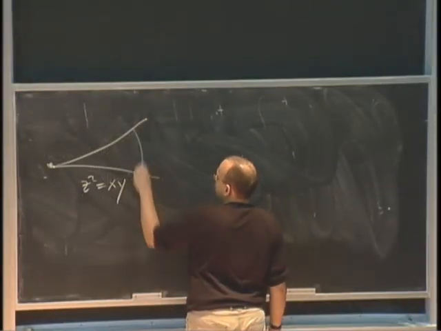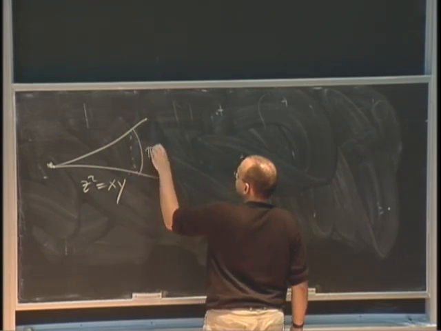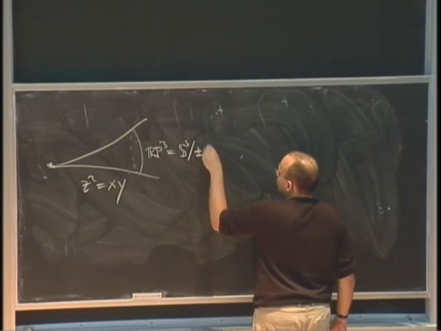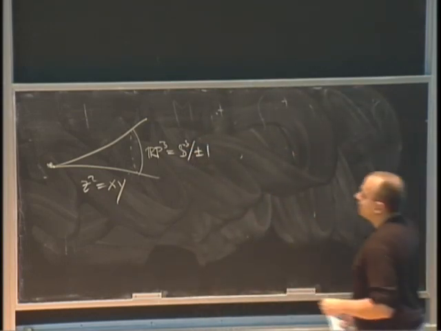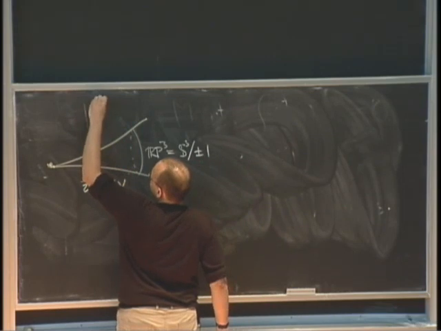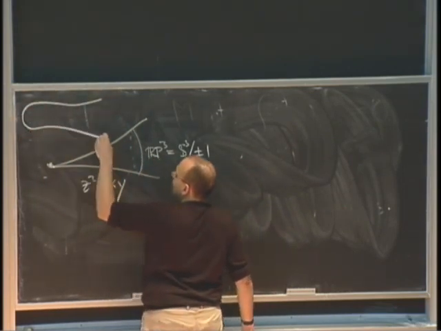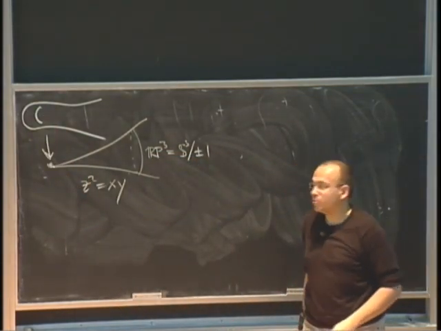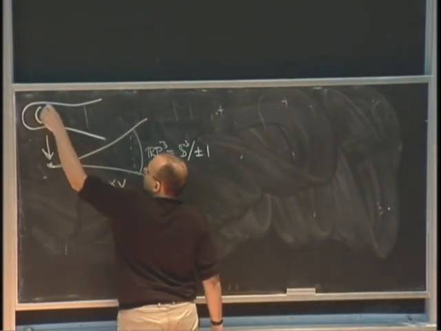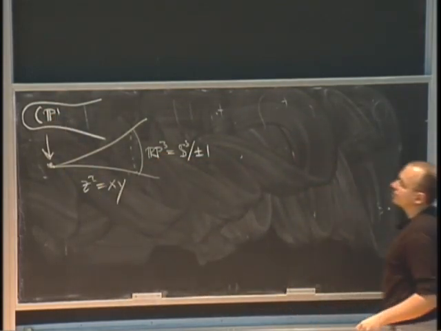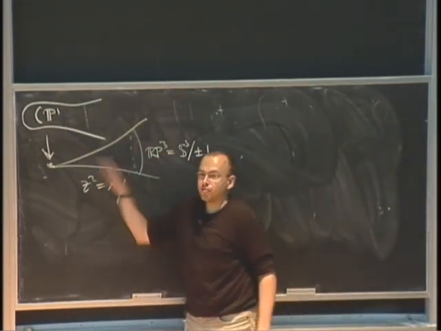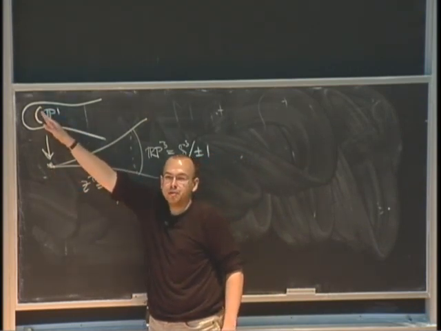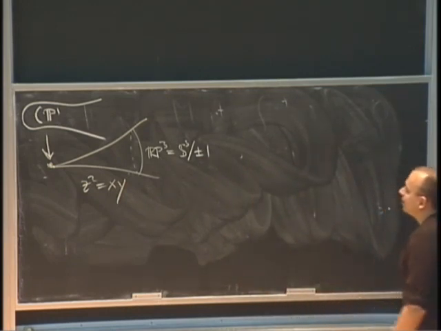The cross section here is just RP3, that is, the 3-sphere modded out by plus minus 1. And then I can resolve that by sticking in a copy of P1. I'm not changing anything away from the origin, I'm just replacing the singularity at the origin by a holomorphic copy of P1. That's the upshot of that problem.